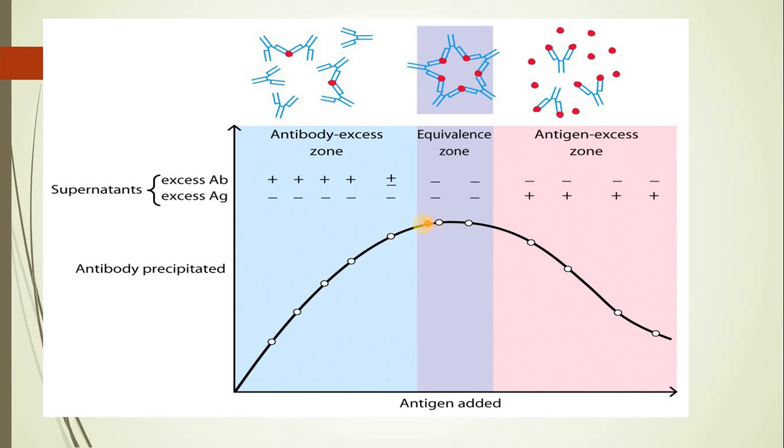At the zone of equivalence, there is no free antigen and free antibody, because in this zone both antigens and antibodies have bound together, resulting in the formation of an immune complex or antigen antibody complex. And once again, when antigen is in excess and antibodies are in less quantity, there is obviously a decline in the antigen antibody interaction, or you can say the complexes are less seen, hence the rate of precipitation will be lowered.